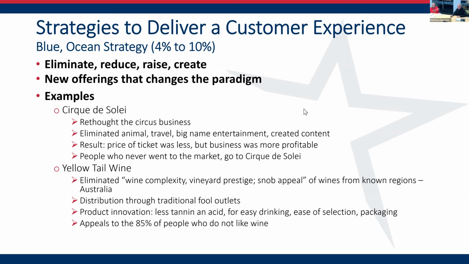They did create content for acrobats and things like that. And the result was a price of a ticket that was less than it cost you to go to the circus business. But of course, their business was more profitable because their costs were lower. And they actually do these shows in Las Vegas venues and local theaters around the country now.